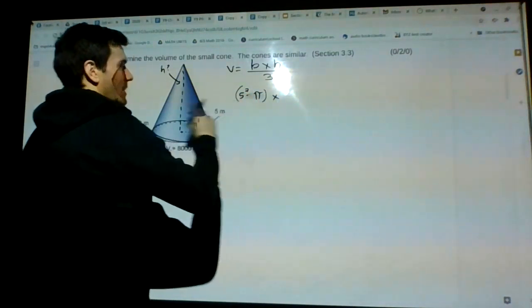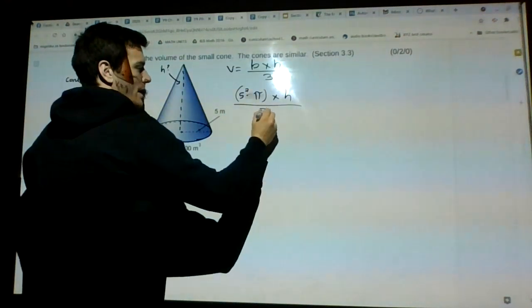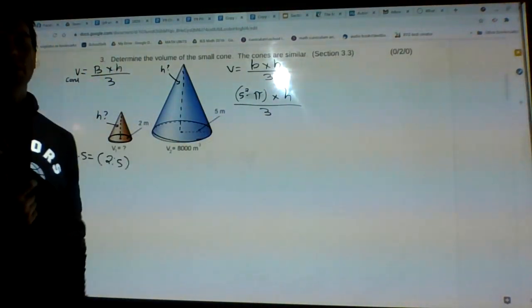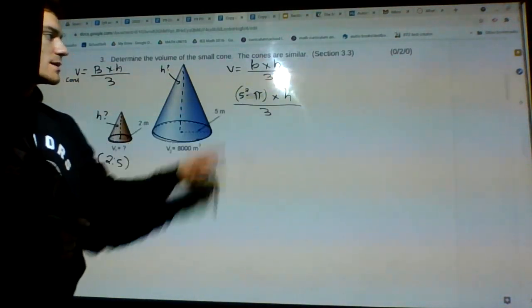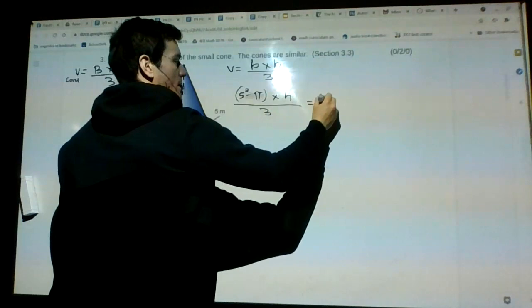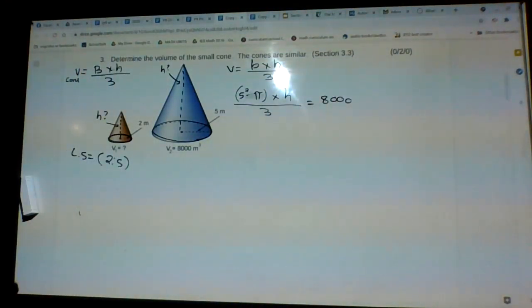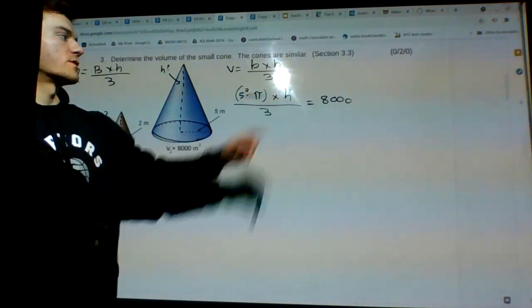Multiply this times the height, which we don't know. Divide all of that by 3. And when I do this, what should this all be equal to? Well, we know the volume is supposed to be 8,000, so all of this should end up equaling 8,000. So now we have an equation that we can actually solve to figure out what the height is.